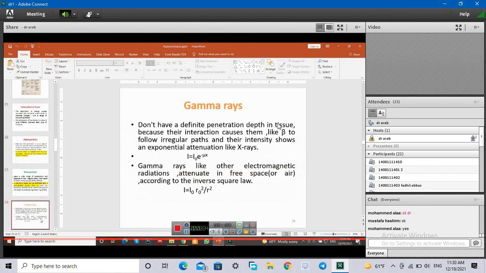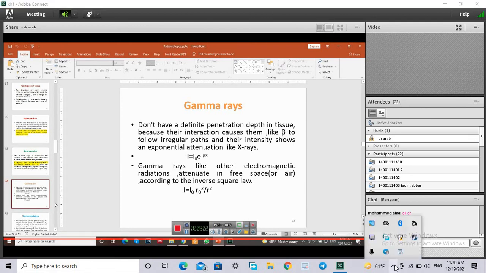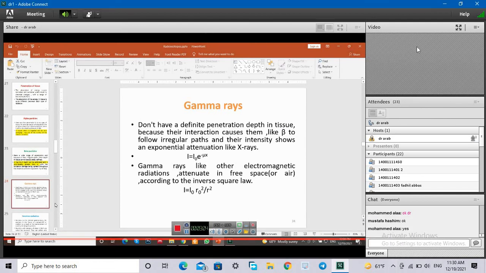Okay, the other radiation that we are facing when we have radioactivity is gamma rays. As I said before, gamma ray is not a particle, so it has no mass and no charge, and its interaction with targets is completely different from alpha and beta particles.